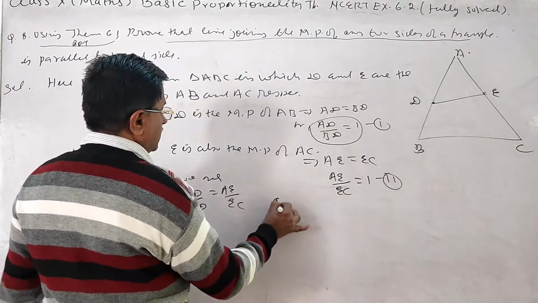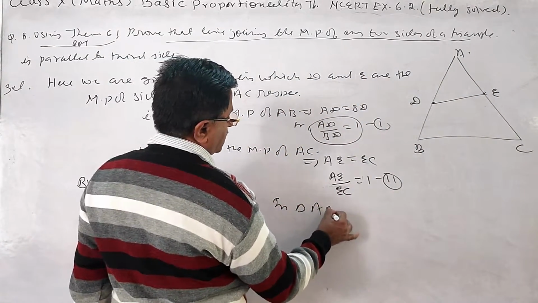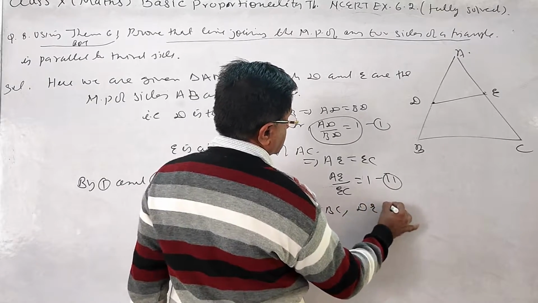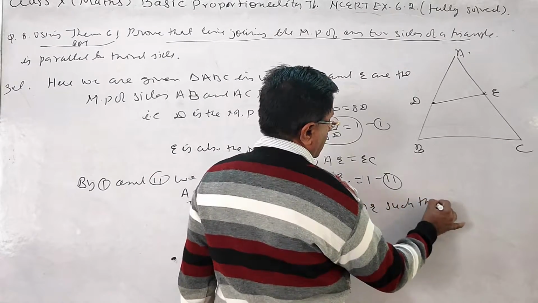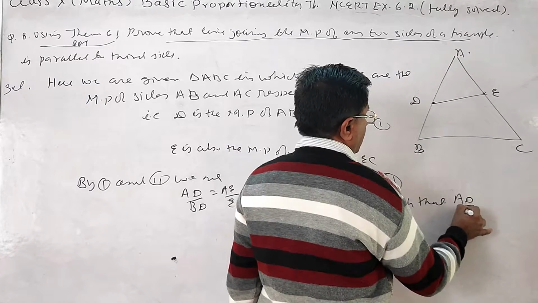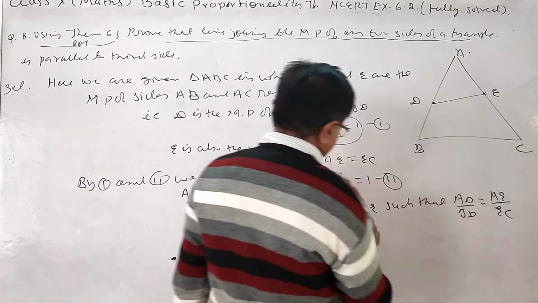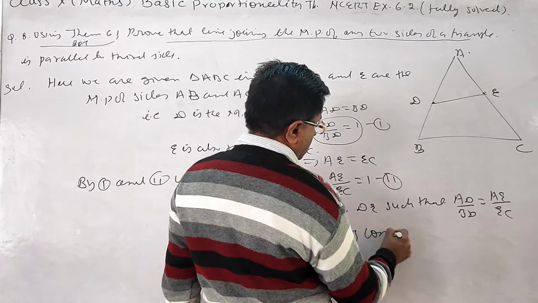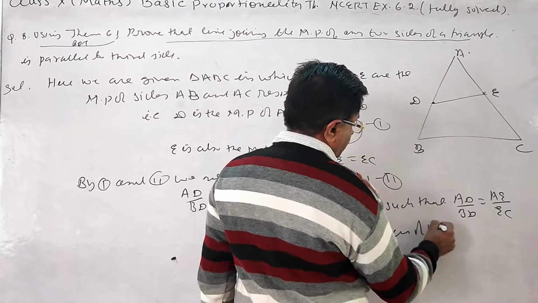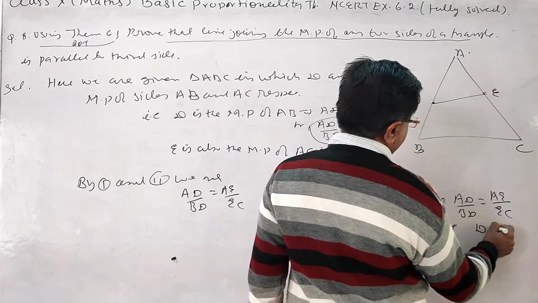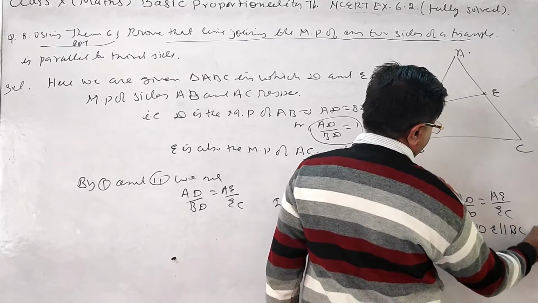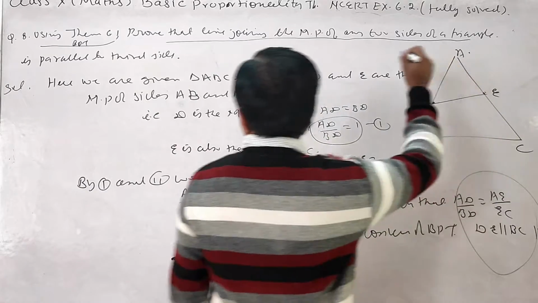So you can say in triangle ABC, DE is such that AD upon BD equals AE upon EC. So by the converse of the basic proportionality theorem, DE should be parallel to BC. Hence that is what you wanted to prove.